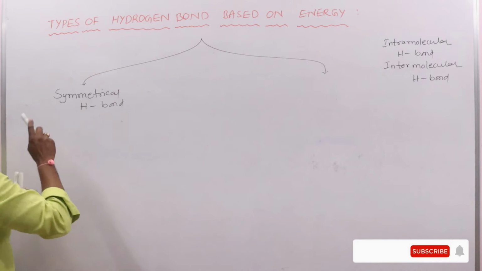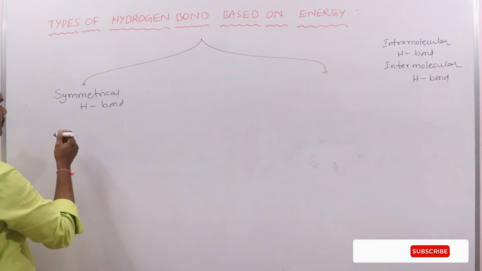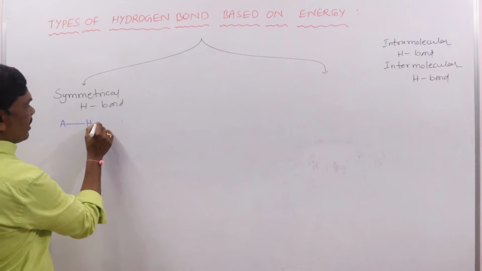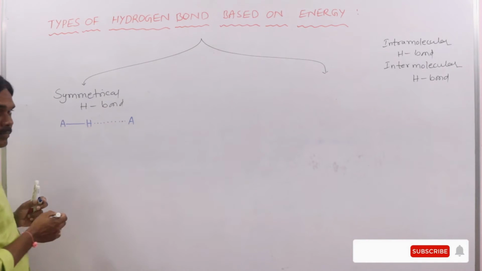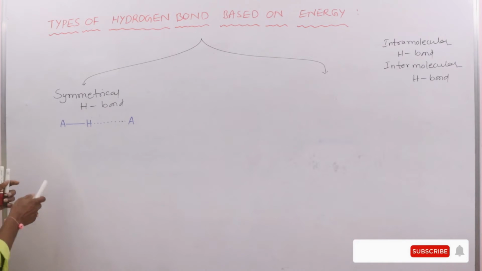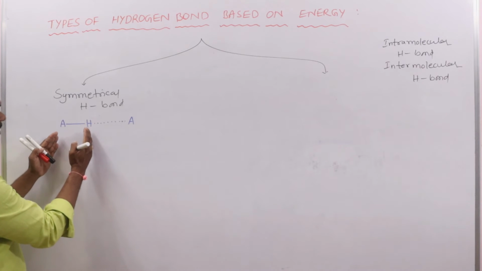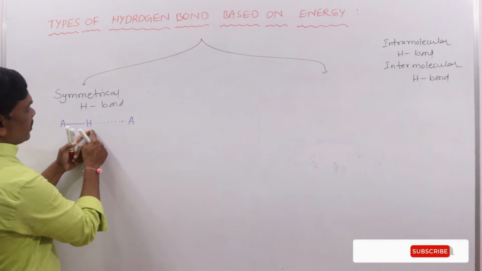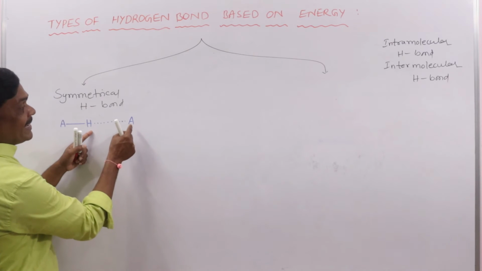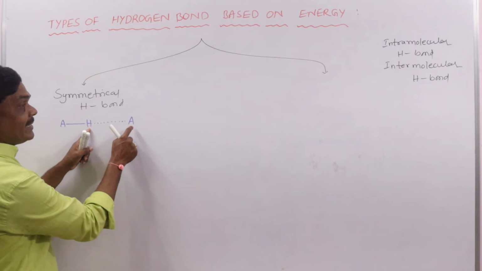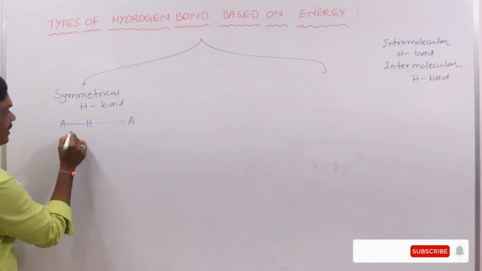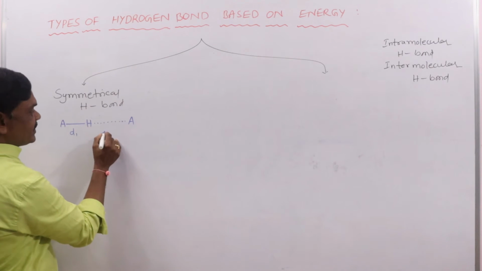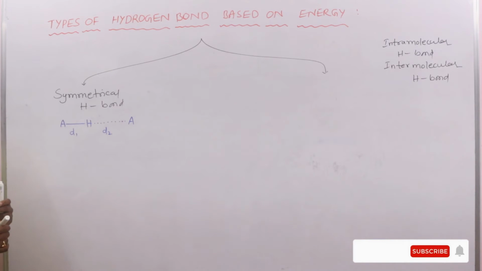So what is a symmetrical hydrogen bond? Say for example, a molecule AH is forming a hydrogen bond with A. In this AH molecule, the distance between A and H I am taking as D1, and the distance between the hydrogen and this other A, where the hydrogen bond is forming, I am taking as D2.